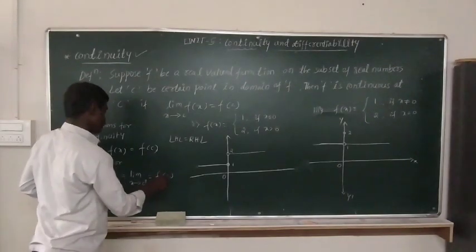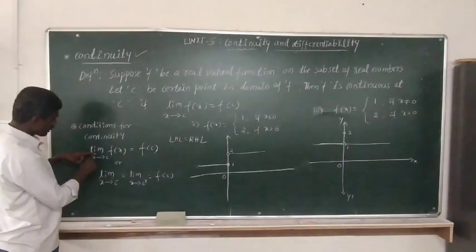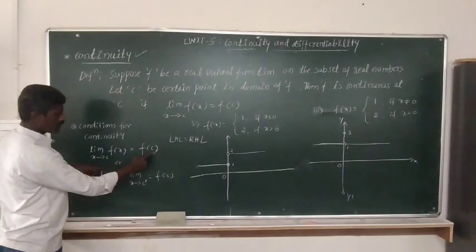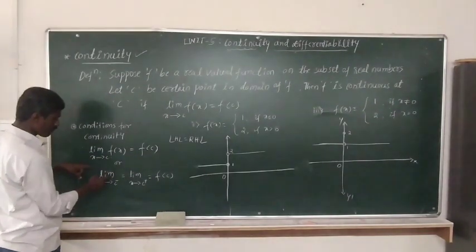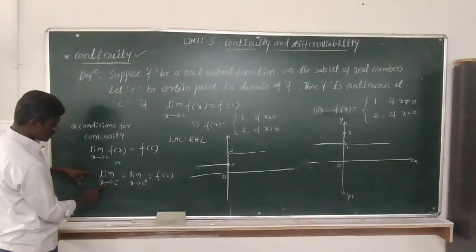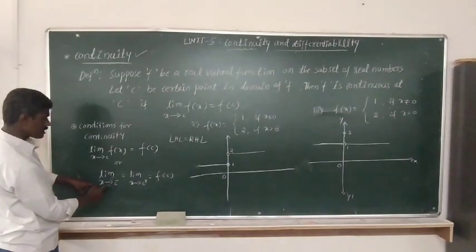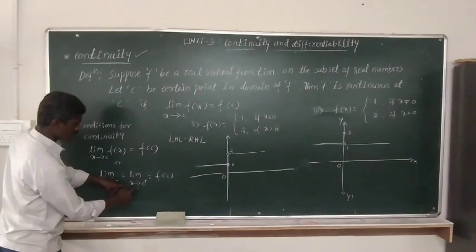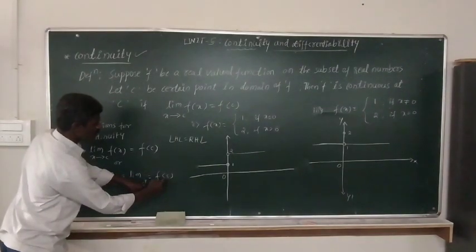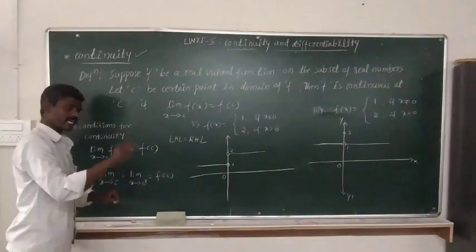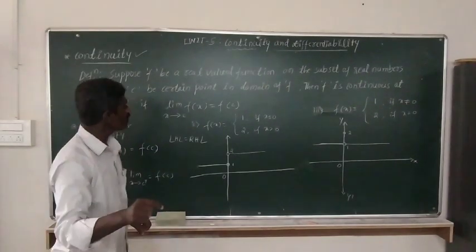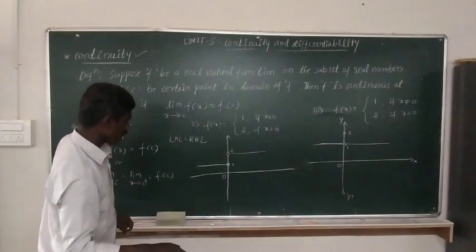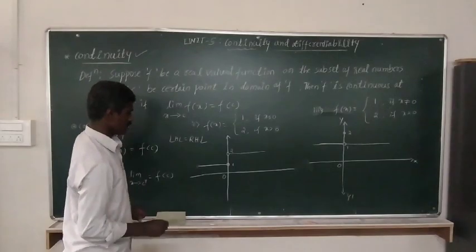We can write this formula as limit as x tends to c minus, which is the LHL, equals limit as x tends to c plus, which is the RHL, equals f of c. F of c means the value of the function at a certain point c in the domain of the function f.